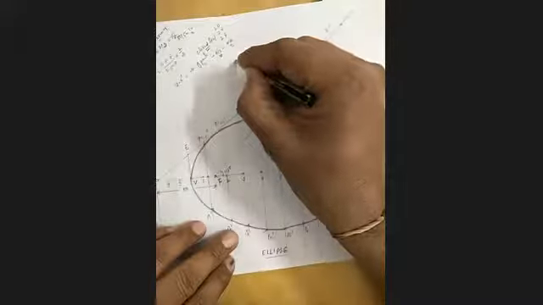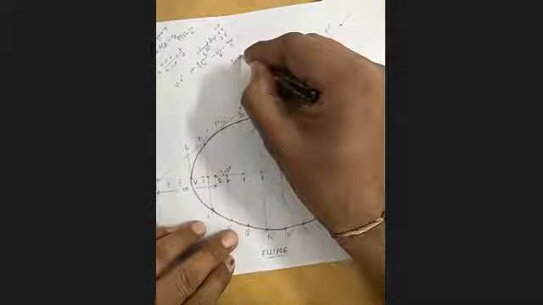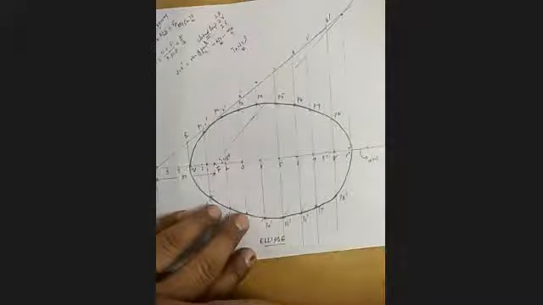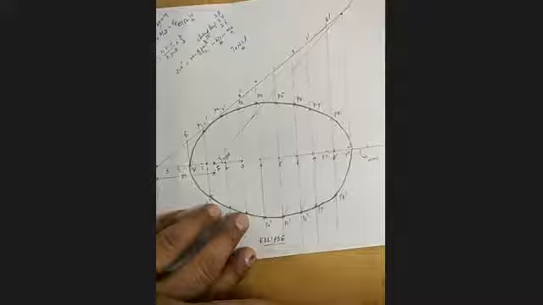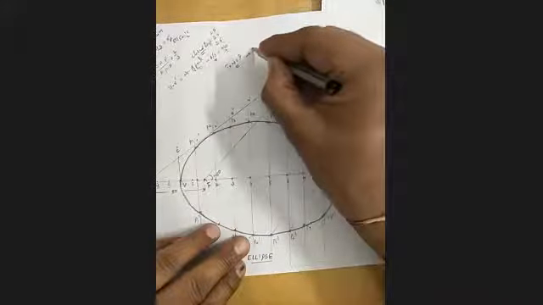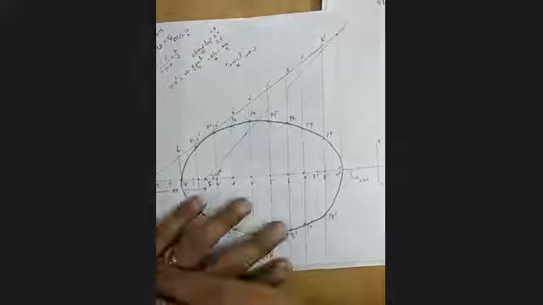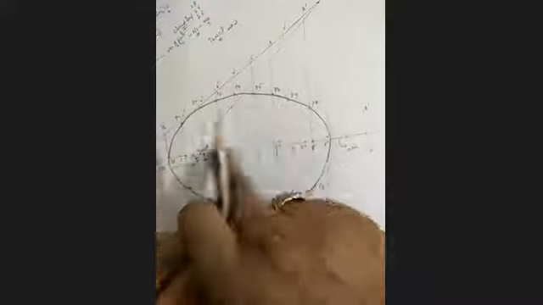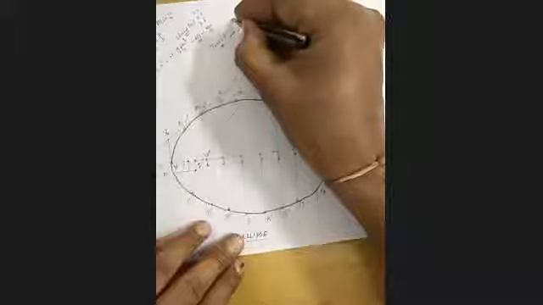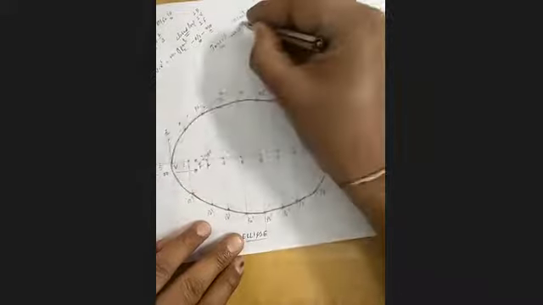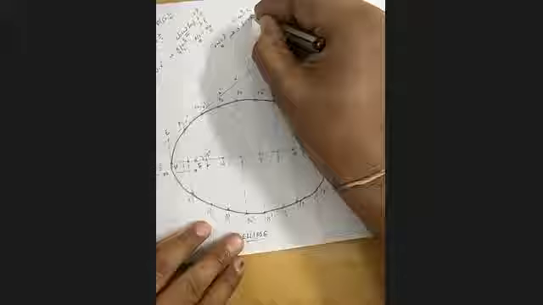Now there is one more question: draw a tangent and normal. Yes or no? Be careful. There are three methods to draw tangent and normal. Taking the value from the directrix is one method. Taking the value from the focus is another method.